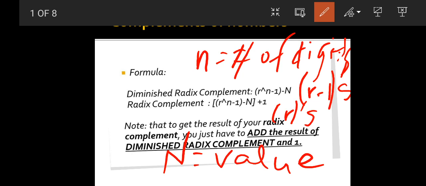Again, the formula for your radix complement is your diminished radix complement formula plus 1. While for your diminished, it should be r raised to the power of n minus 1 minus N. Always remember that when getting the result of your radix complement, you just have to add 1 to the result of your diminished radix complement.